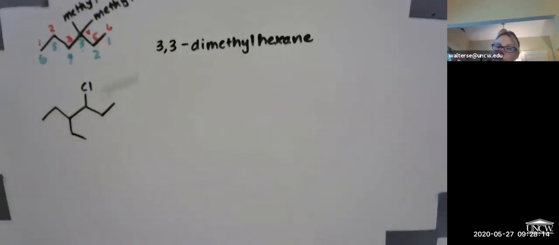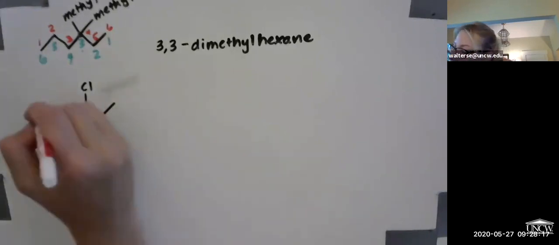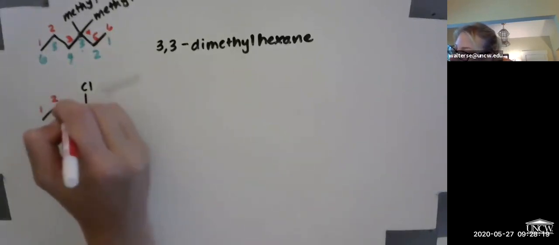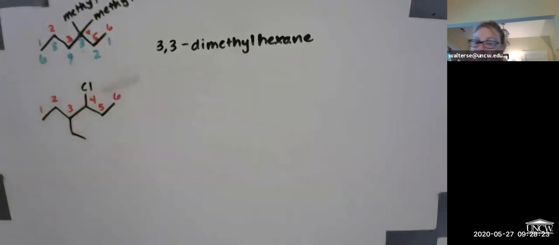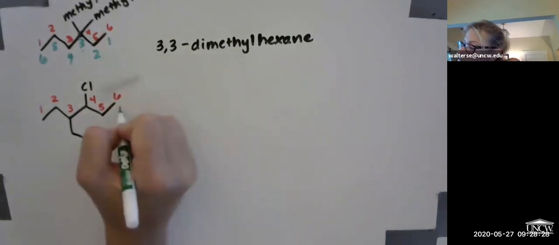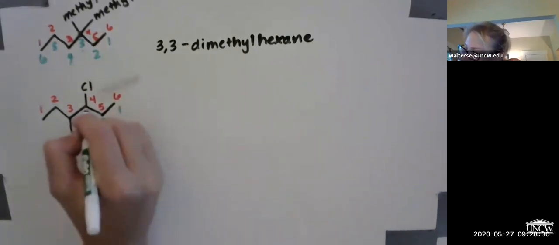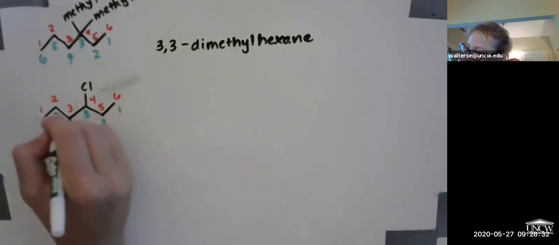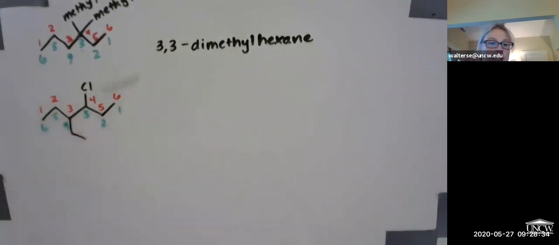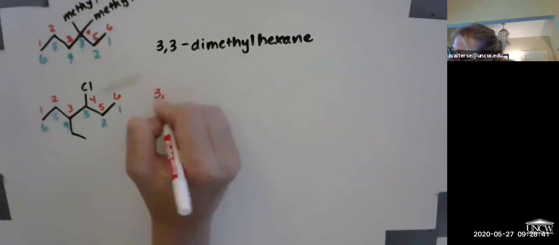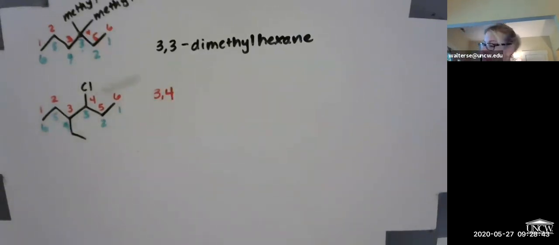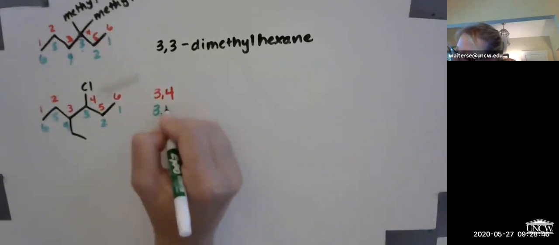Number 1, 2, 3, 4, 5, 6. 1, 2, 3, 4, 5, 6. All right. Now this time when you write out the numbers, you get the same numbers in both directions.